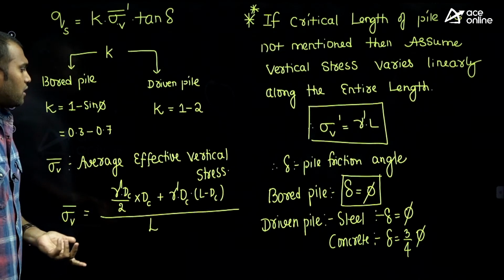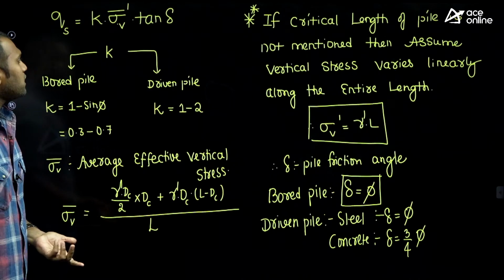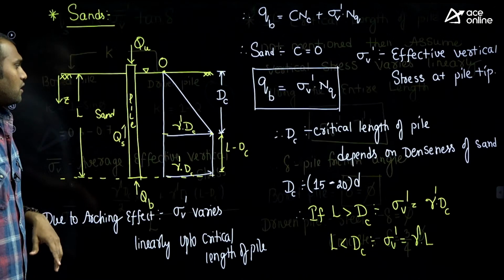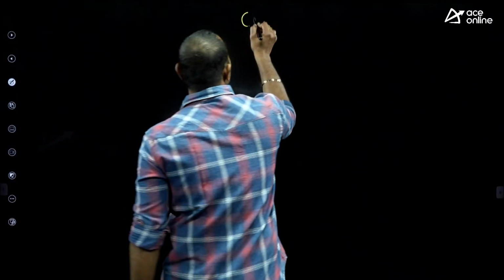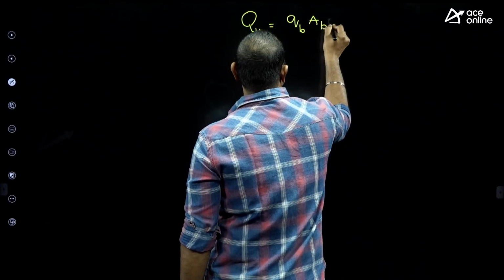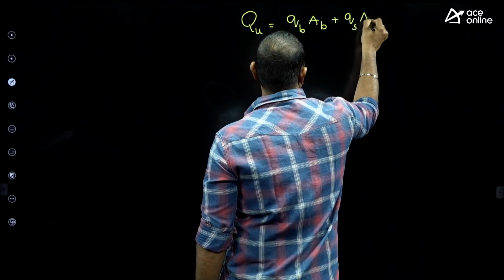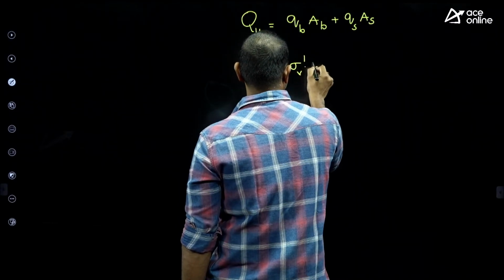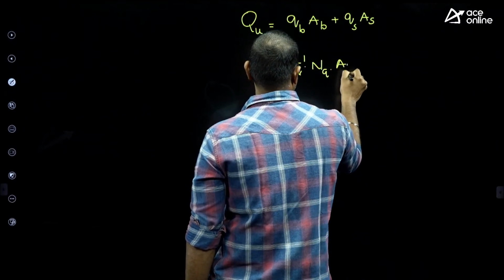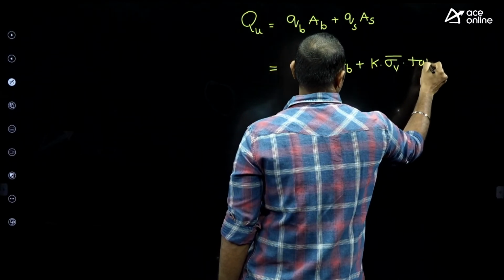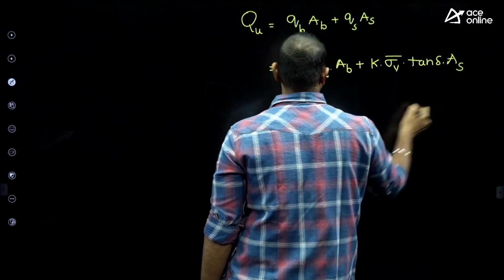So overall, the capacity that you can find out in the case of sands, finally Qu is equal to QbAb plus QsAs, where Qb is sigma V dash into Nq into Ab, plus K into sigma V bar into tan delta into As.